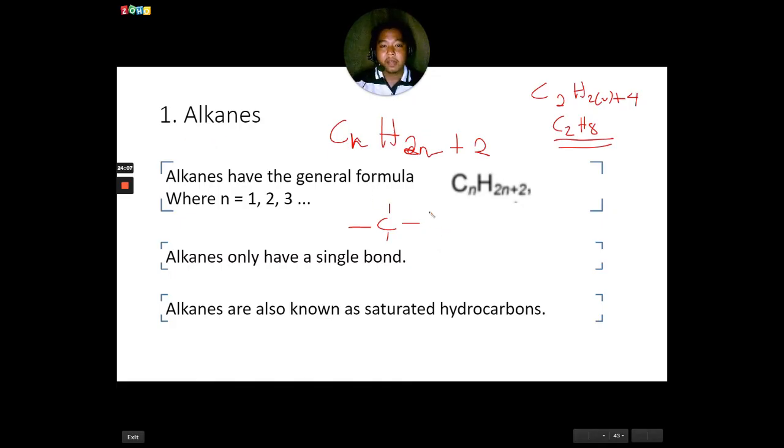Since we are talking about hydrocarbons, it can accommodate 3 hydrogens for 1 carbon, 2 hydrogens for 2 carbons, or 4 hydrogens because of the single bond. So, we call it saturated hydrocarbons. Alright? Hopefully, that was understood.